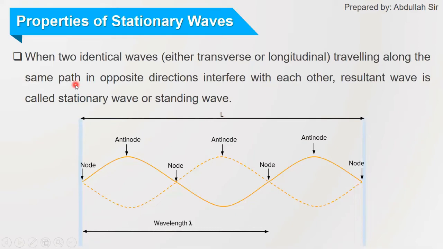Two identical waves means the two waves should be of equal amplitude and equal frequency. If two waves having the same amplitude and same frequency, traveling along the same path but in opposite directions, interfere with each other, the resultant wave is called a stationary wave. And a stationary wave looks like this, as shown in this diagram.